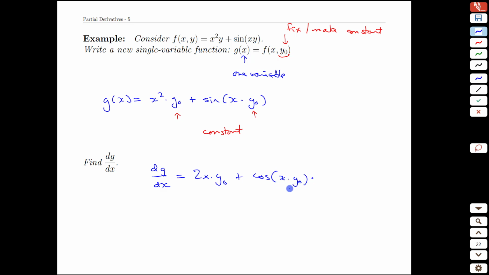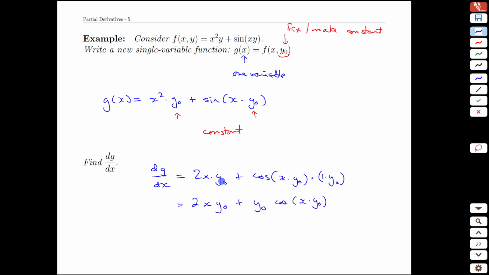Then we multiply by the derivative of the inside with respect to x, and that will give us 1 times y naught. If we tidy that up, we'll have 2x y naught plus y naught cos of x times y naught. So this derivative calculation is the same as you would have done before.